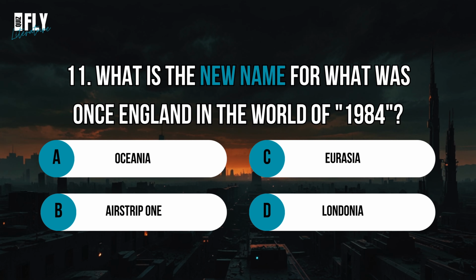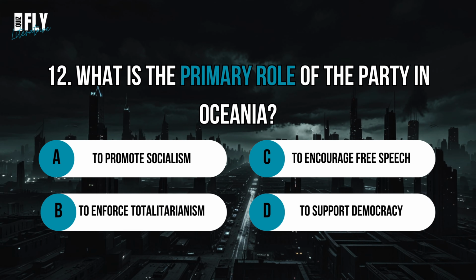What is the new name for what was once England in the world of 1984? Airstrip 1. What is the primary role of the party in Oceania? To enforce totalitarianism.